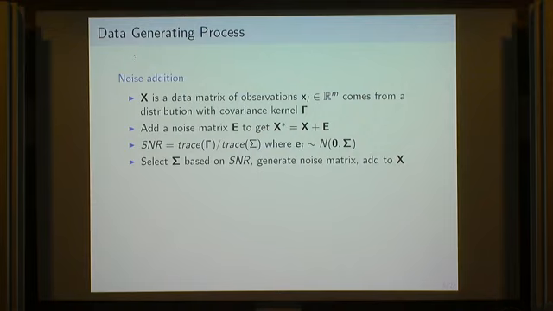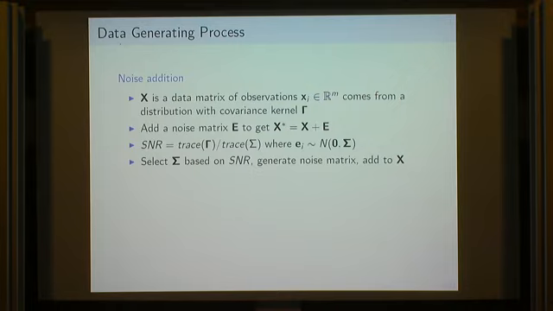Generally we take a data matrix, generate a noise matrix, and add the noise matrix to the data matrix to get the matrix X star. This is the original matrix, and this is the noise matrix.